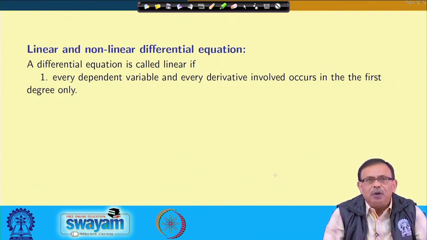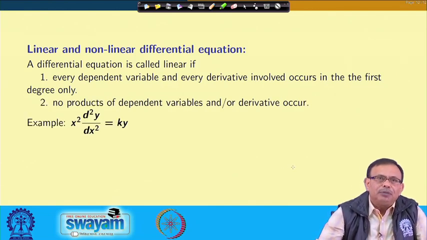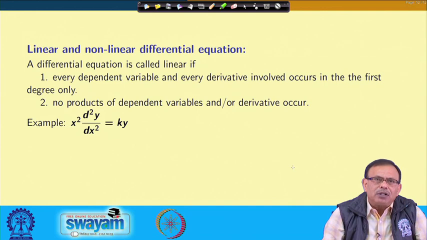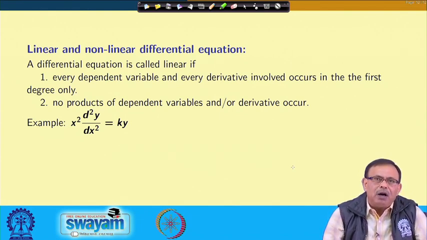Please note this one. Number 2, no products of dependent variables and/or derivatives occur.